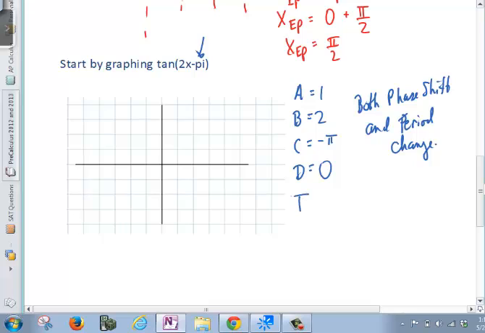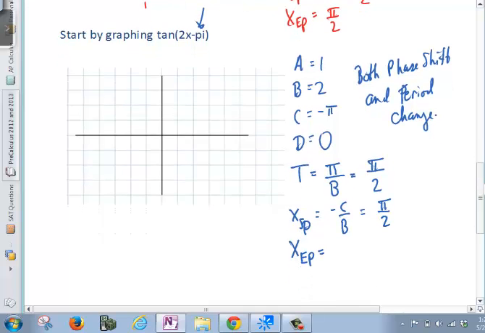So let's calculate what the new period is. The new period is pi over b, which will equal pi over 2. We have an actual starting point change. It's negative c over b, so the starting point is going to be pi over 2. And our endpoint will equal this.